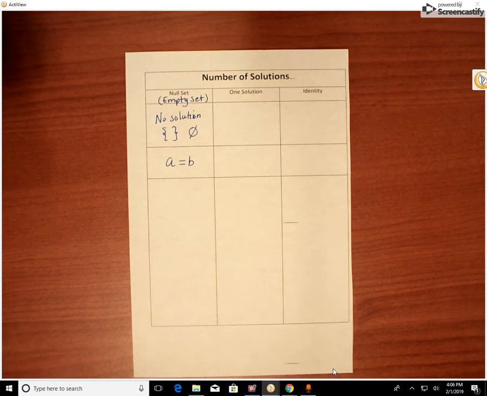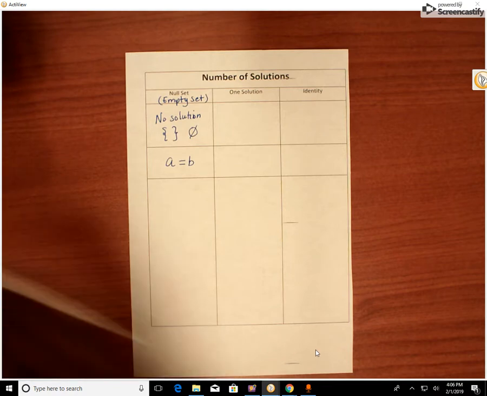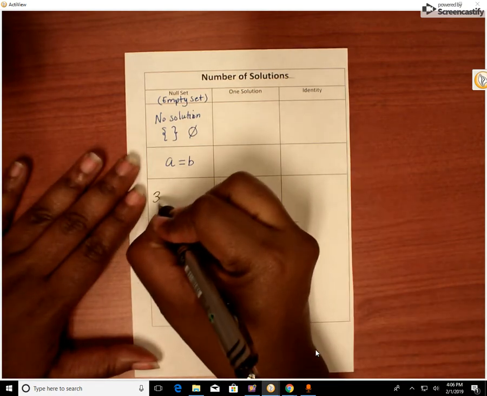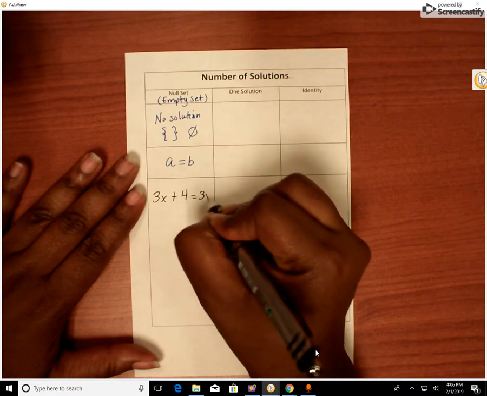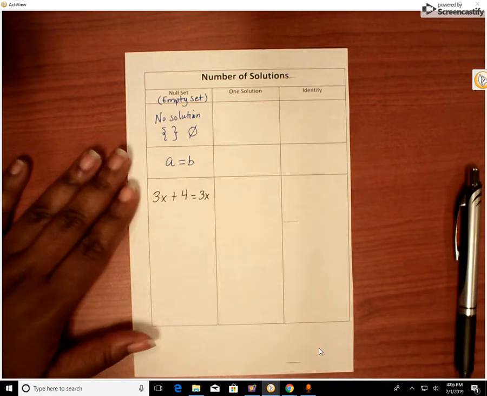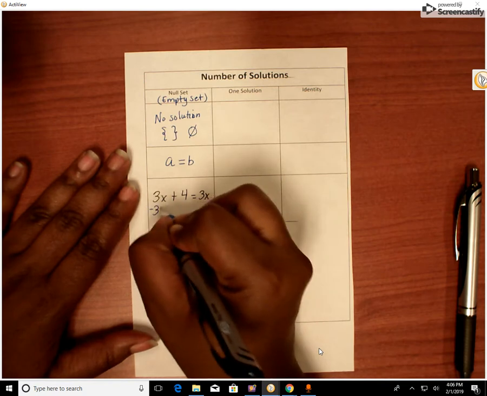So if we have an equation and it says 3x plus 4 equals 3x, that's variables on both sides. We just did that, so you have to get your variables together.